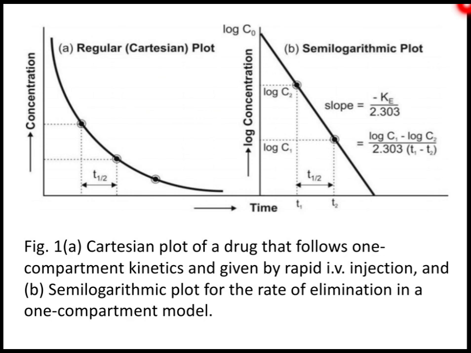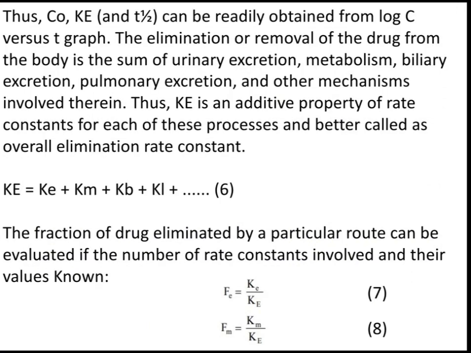Figure 1A: Cartesian plot of a drug that follows one compartment kinetics and is given by rapid IV injection. And 1B: semi-logarithmic plot for the rate of elimination in a one compartment model. Thus, C0 and Ke can be readily obtained from the log C versus t graph.